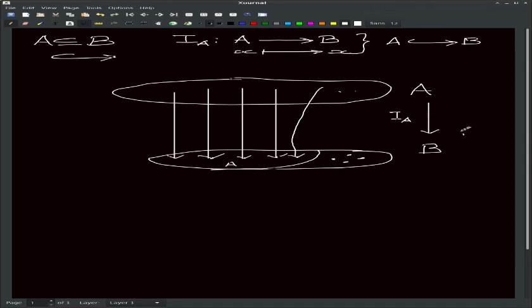Now to find a G, you want to find a G which is its left inverse. So you want to find a G such that G composed with I_A is 1_A. Right? So if you start from here, you have to come to this point.